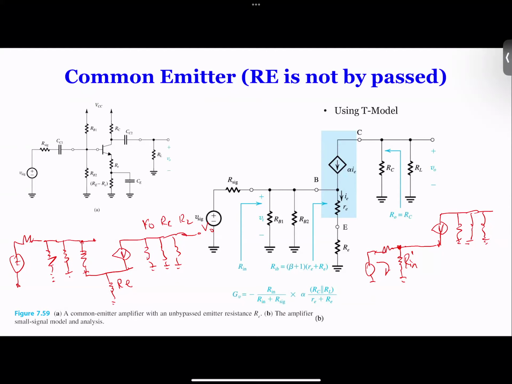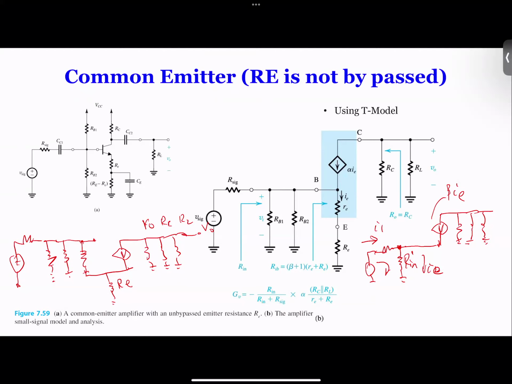The nodal analysis would say this current coming in is I1, this current coming in is I2, and you have the current beta times IE, so this is IE coming in. Ideally, you have IE here, and this is beta times IE over here.